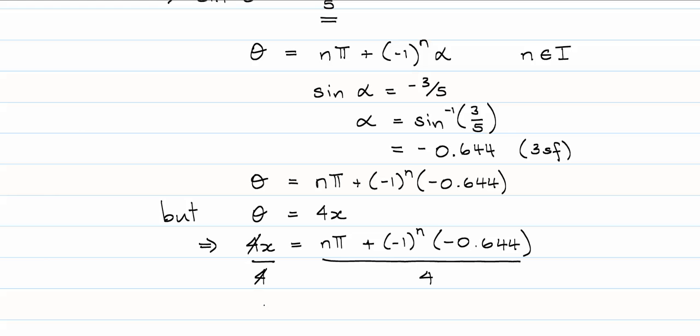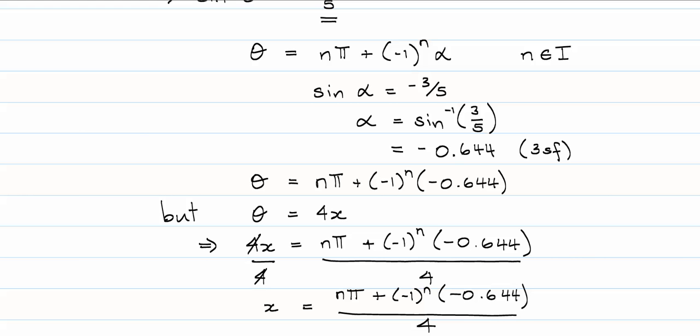We've got a nice clean x on the left hand side, and on the right hand side we get a slightly messy expression, but as long as we don't make any silly shortcuts, it is still a valid one nonetheless. So we've got the original expression we had for theta, but to work out the general solution for x, we just divide all of it by 4, and there's our answer.